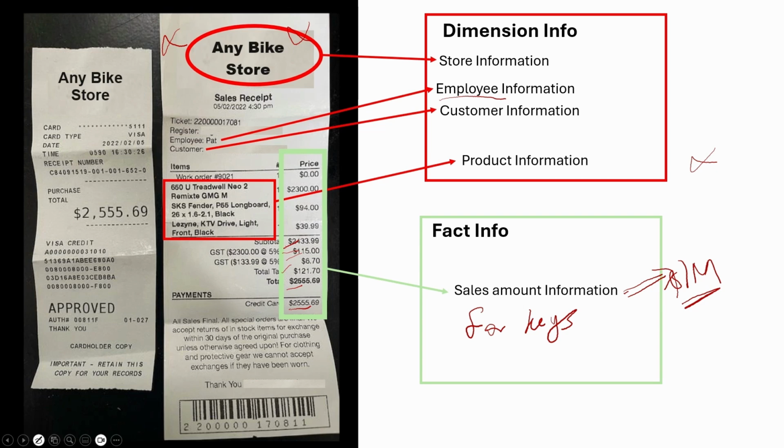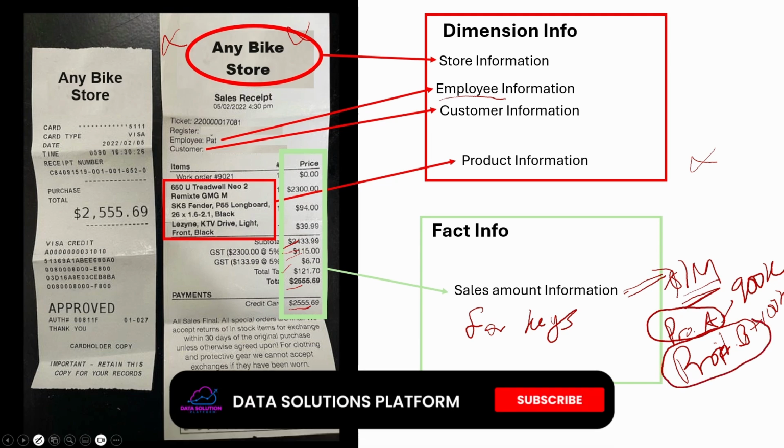However, that's when the dimension information comes in handy. When we have a dimension, say for example at the product level, let's say we have two products. Product A is about 900k, and product B is 100k. Right off the bat, we can tell that people are more interested in product A compared to product B. That gives us something to talk about.